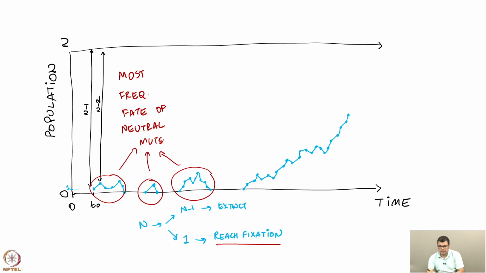Remember that again natural selection is not favoring this mutant; this is all happening by just chance events as explained by the Moran process. Sometimes it may come down, but eventually it will take some time and it will reach fixation. When the population reaches here, now we say that every individual is carrying that particular mutation.